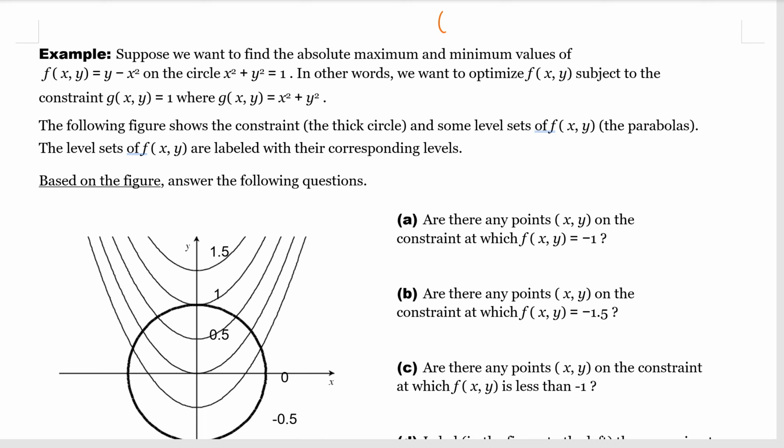If we define g of x, y equals x squared plus y squared minus 1, then x squared plus y squared equals 1 corresponds to the level curve g equal to 0. That's what it means: you can always let your g be your left hand side minus the right hand side.